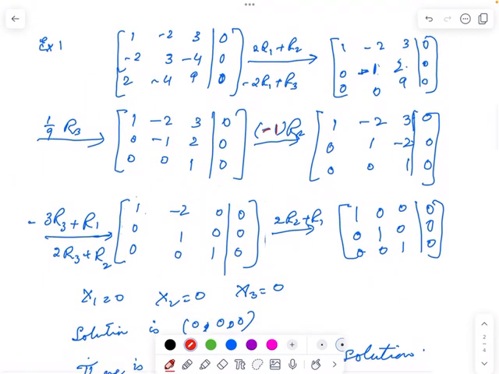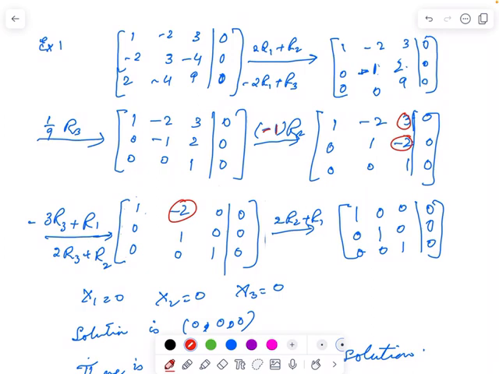After that, instead of making the -2 in the second column 0, I made these two zeros first, and then after that I made the -2 a 0.